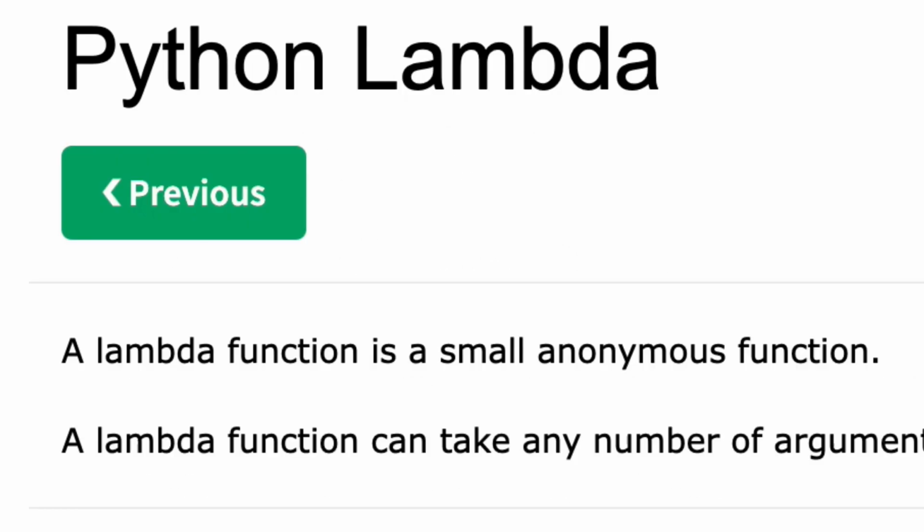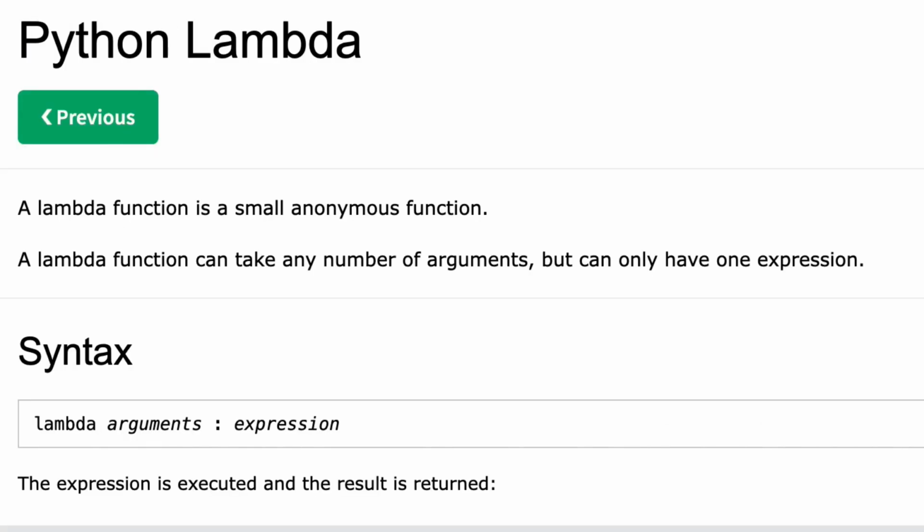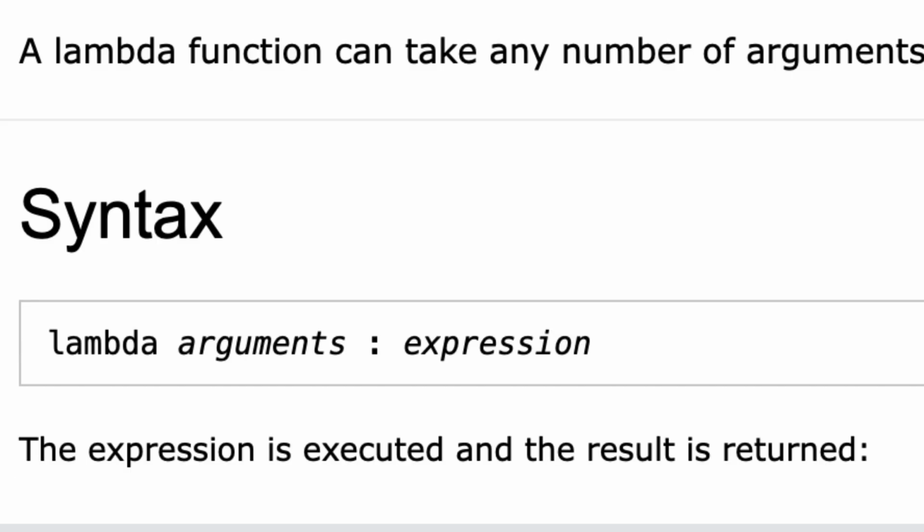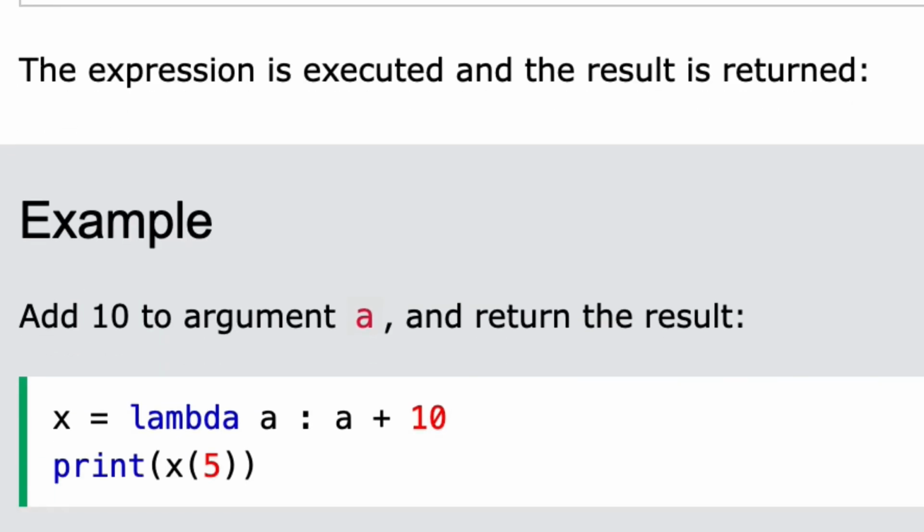Now we move on to Python Lambda. A lambda function is a small anonymous function. A lambda function can take any number of arguments but can only have one expression. The syntax is: lambda arguments : expression. The expression is executed and the result is returned.